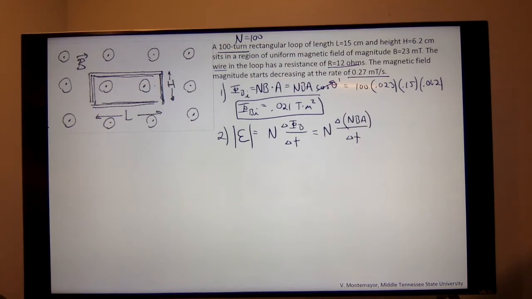The number of loops and the area are not changing, so I can take those out of the delta. Wait a minute, I got too many N's. I did N twice there, my apologies. We already included the N on the outside. This is just B times A.